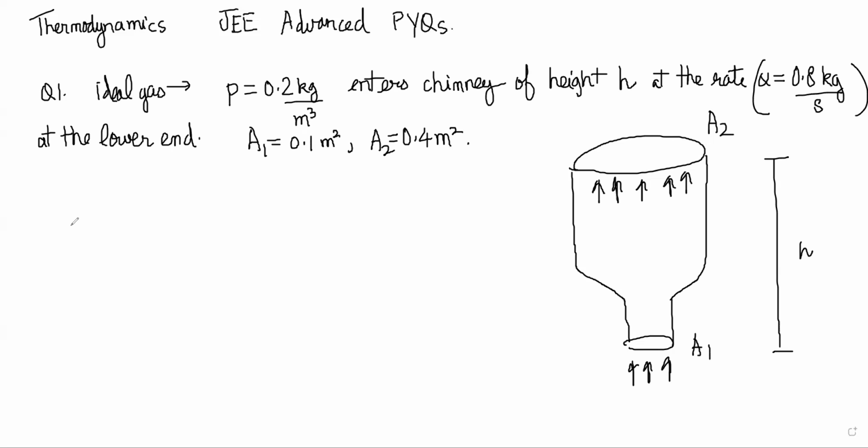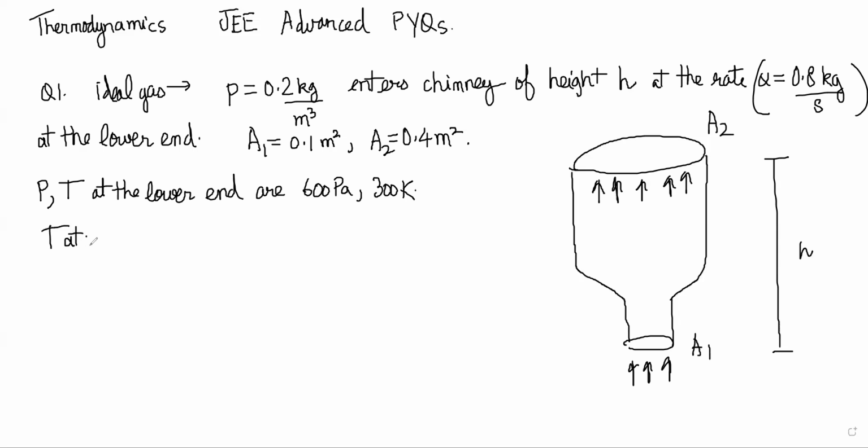The pressure and temperature of the gas at the lower end are 600 Pascal and 300 Kelvin. The temperature at the upper end is 150 Kelvin.